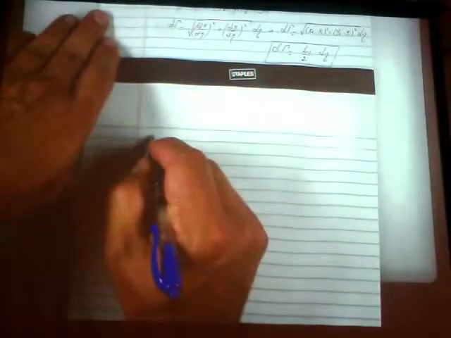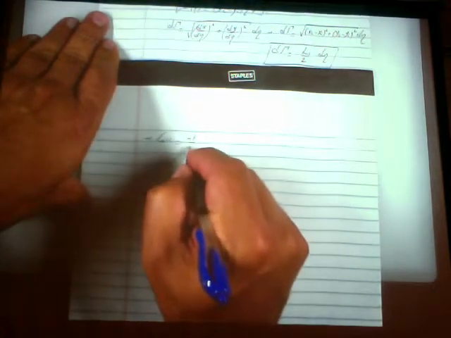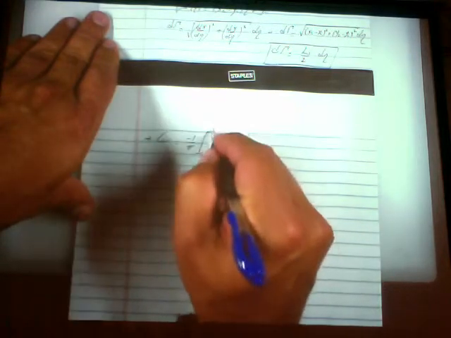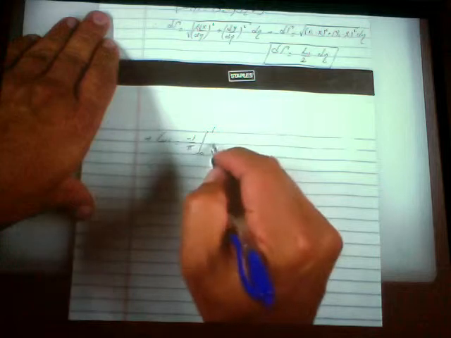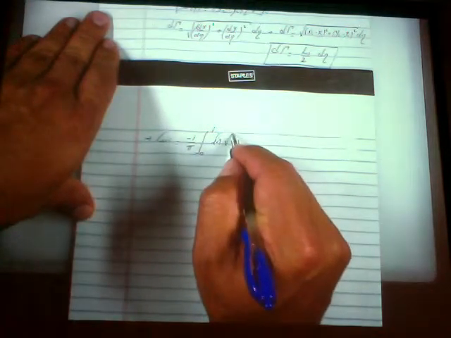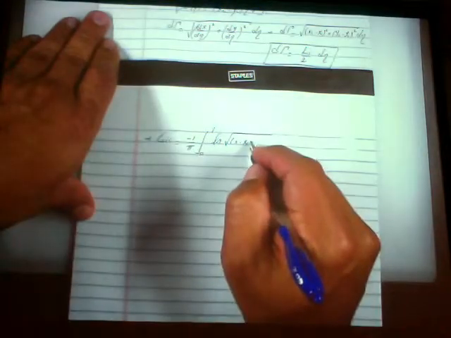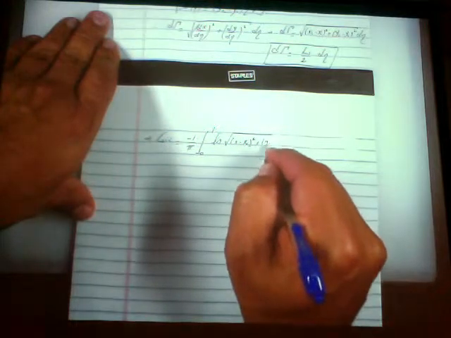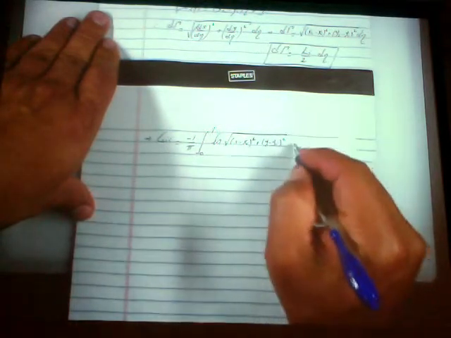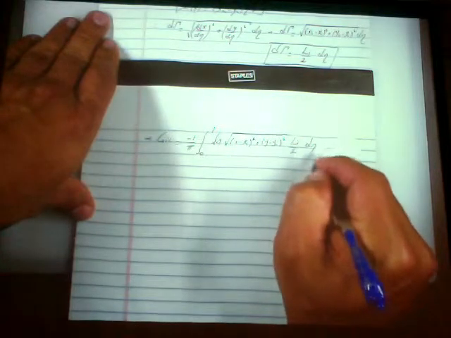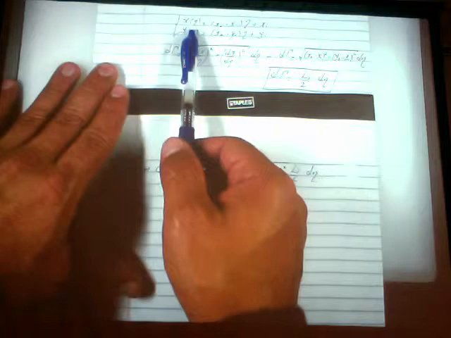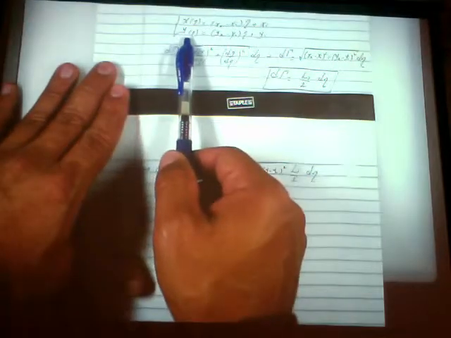So GII is equal to minus 1 over pi, the integral from 0 to 1, and the log of the square root of x minus xi squared plus y minus yi squared, times the length over 2 d eta. Alright, so I can replace x by its parameterization and y by its parameterization, right?